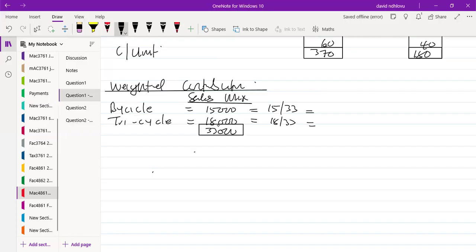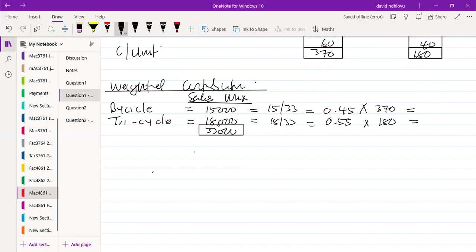If you say 15 divided by 33, I get 0.45, which means the other side has got 0.55. Then we multiply by each product's contribution per unit, and then we sum up the two to get the weight.